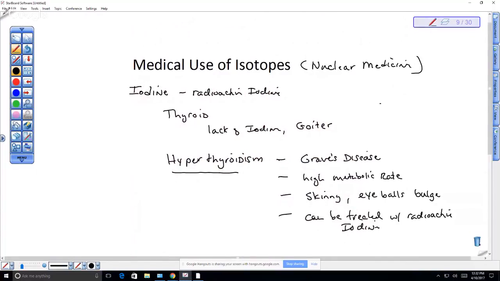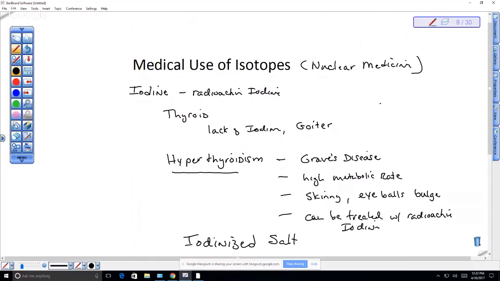Another interesting thing about the iodine is that sometimes we do not have enough of it in our diet. And so what in our diet has been iodinized? What do we eat that has had iodine added to it? Salts, right? So you have what is called iodinized salt.